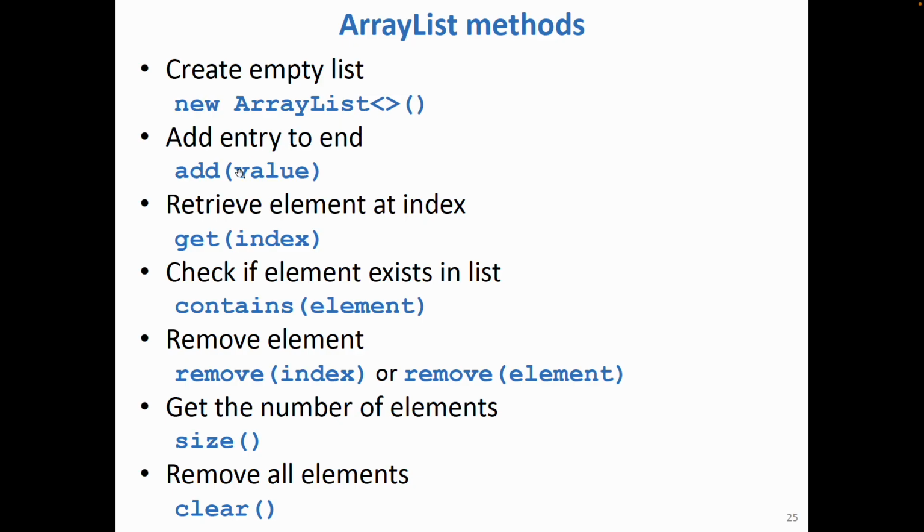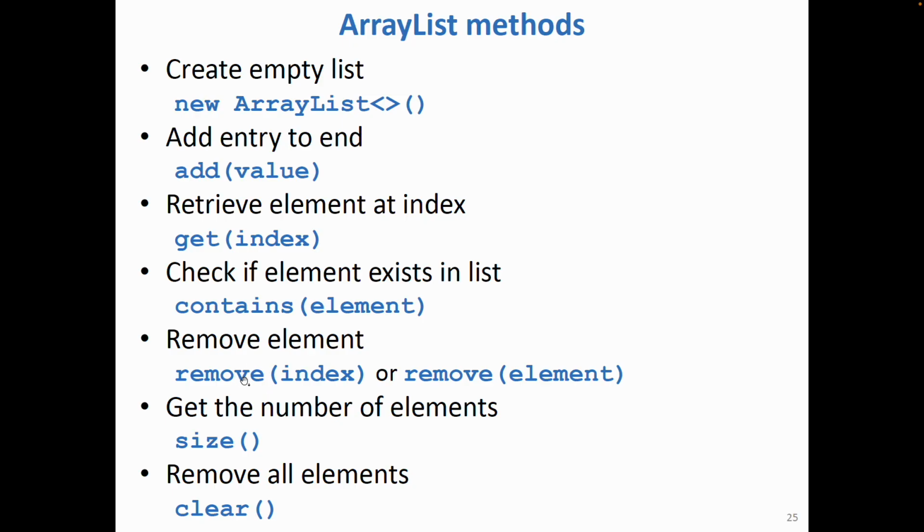If we want to add a new item to the end of the list, we need to use this add function. If you want to get an item, like the 5th item or 6th item, then I cannot use square brackets as in an array. I have to use this get function. The contains function checks whether that item is in the list or not. It will return true or false.